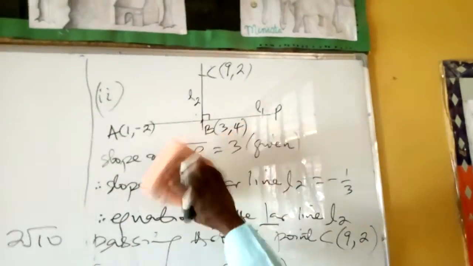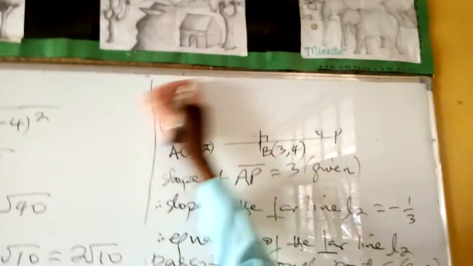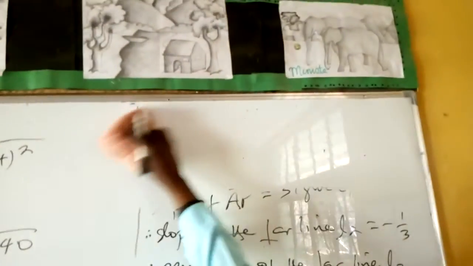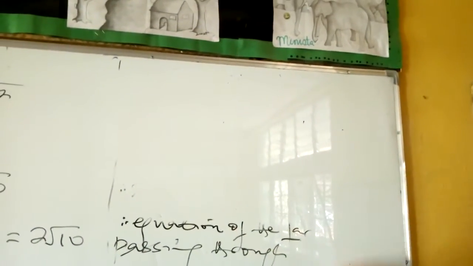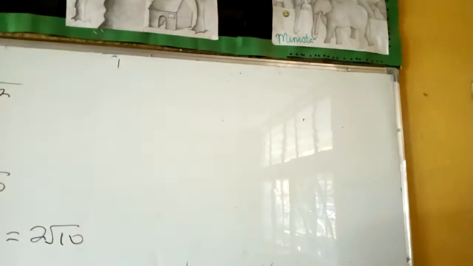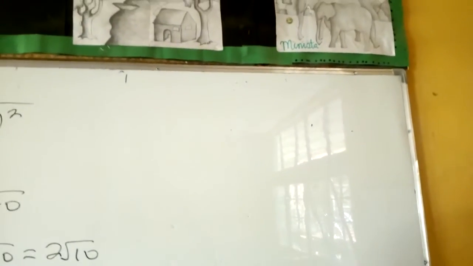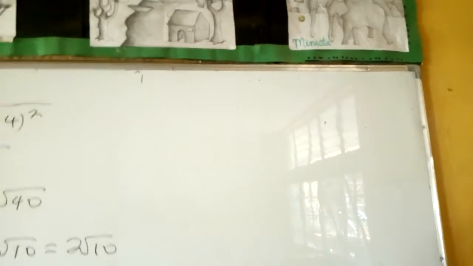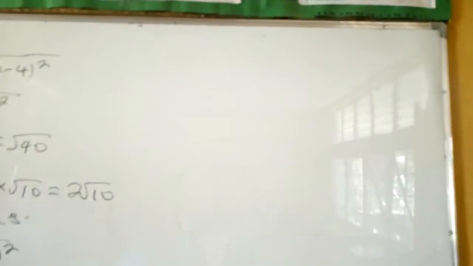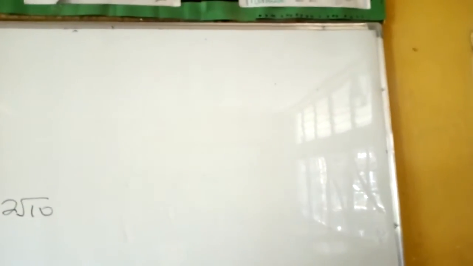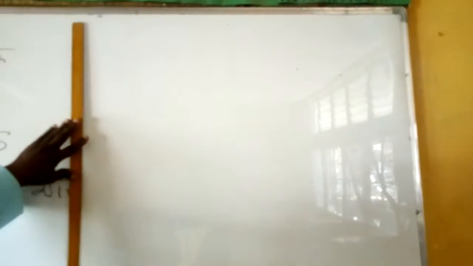I should find the coordinate of point D of the square ABCD.